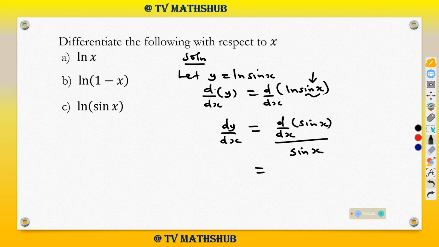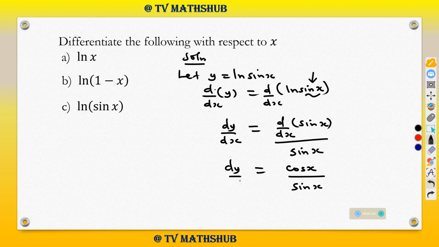So differentiate sine of x, friends. I hope at the moment you know how to differentiate sine of x. When we differentiate sine of x, we get cos of x. So differentiate this one here, you will get cos of x, and we shall divide by that same function, which is sine of x.